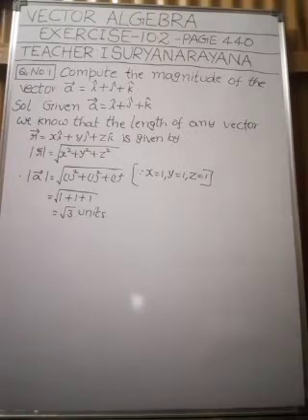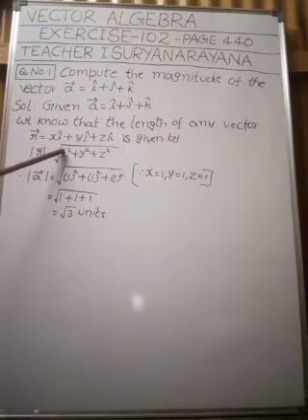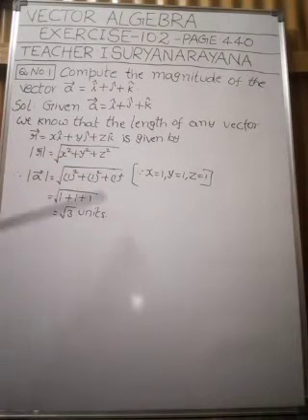Right. In this question number 1, there are two more vectors given, b bar and c bar. Okay, my children. For the vectors b bar and c bar also, you have to compute the magnitude. You follow the same procedure. Use this formula to compute the magnitude of b bar and c bar.